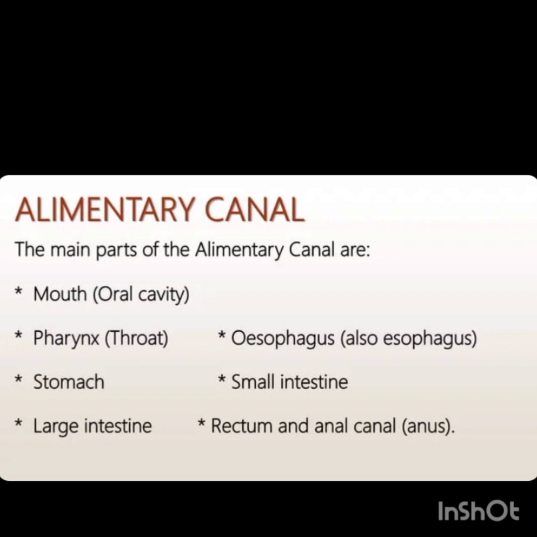The main parts of the alimentary canal: it starts from the mouth, also called the oral cavity, and the pharynx, also called the throat, then the esophagus, the tube which carries the food from the mouth to the stomach, the stomach, the small intestine, where most of the absorption takes place, the large intestine, and the rectum and anal canal, where the waste of the food is passed.